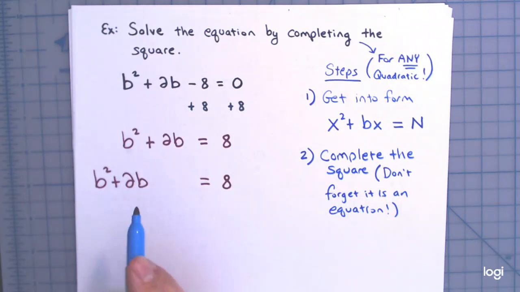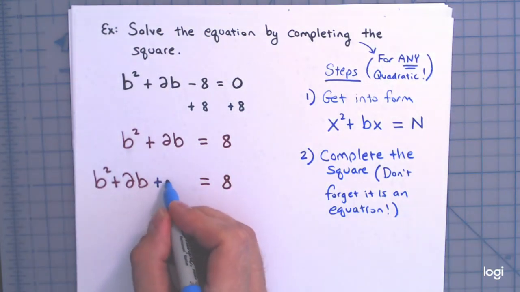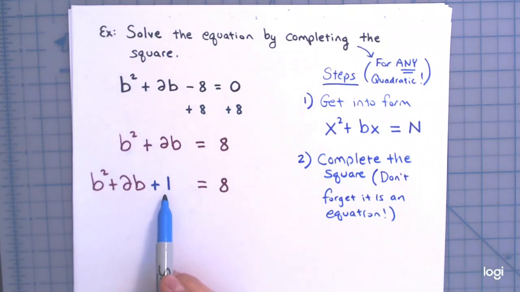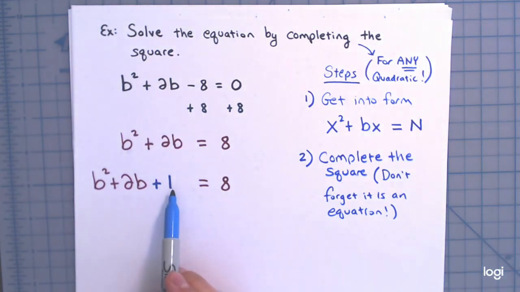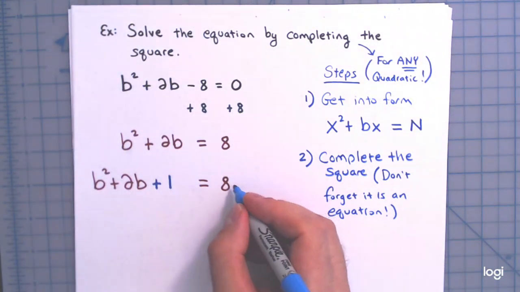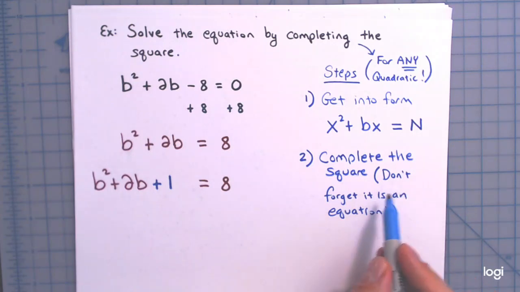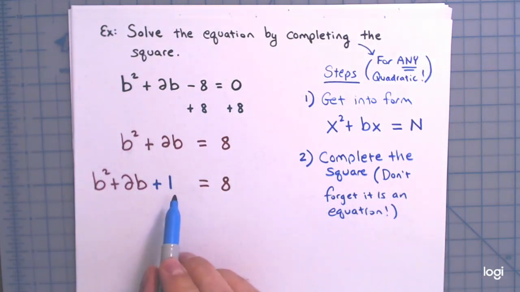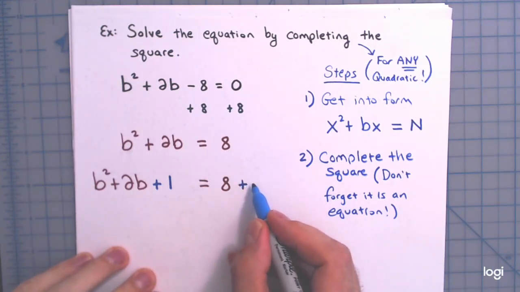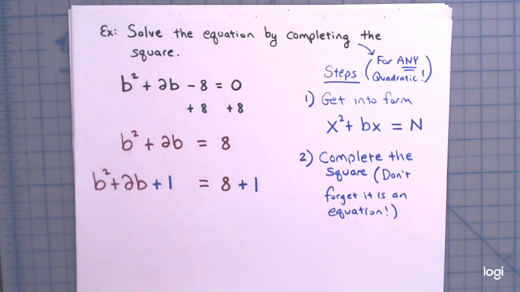Just 1. So the number 1 gets added to complete the square. Again, this is half of 2, but then squared, 1 squared is 1. And then again, don't forget it's an equation. I'm adding 1 on the left side of the equal sign. To keep it balanced, I must also add 1 to the right side.